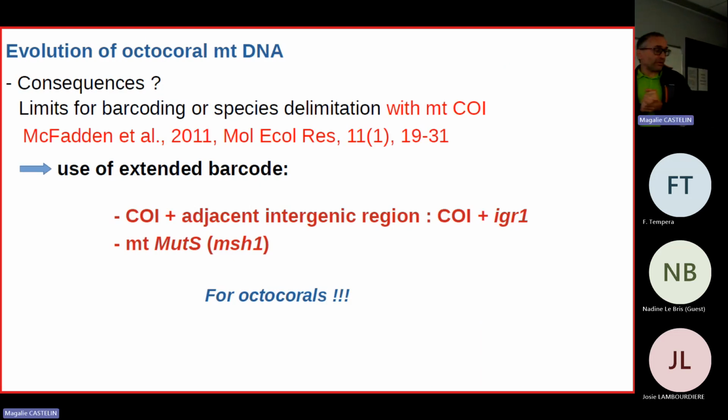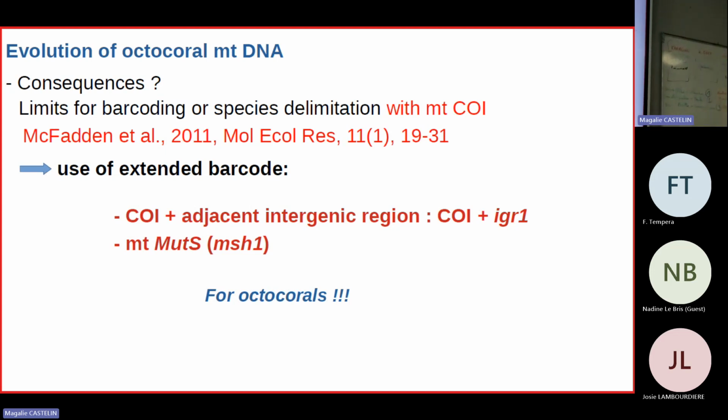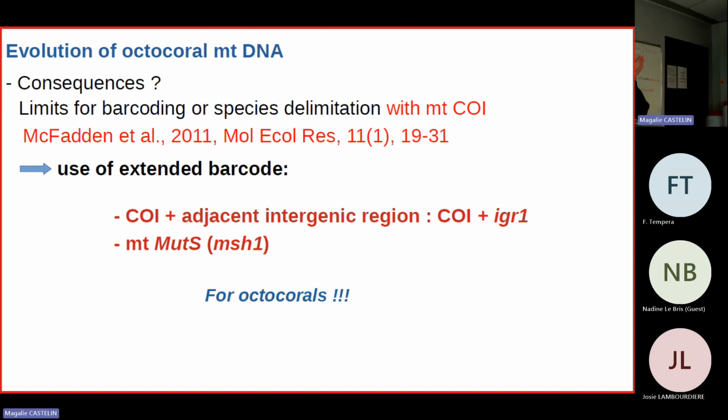So what can we do? There are several answers to that. One of them has been proposed by Catherine McFadden in this very important article, if you want to work on that, which proposed to use an extended barcode. That means not only analyzing CO1, but also analyzing an intergenic region, which is close to CO1.